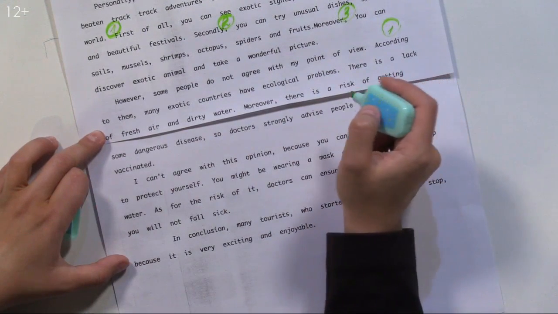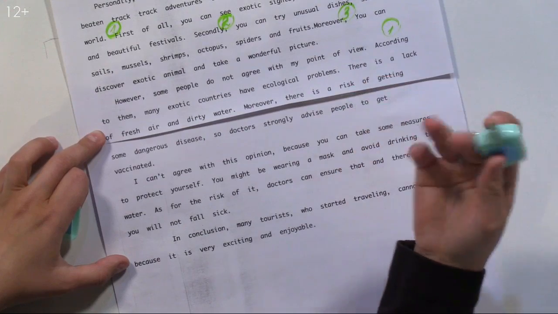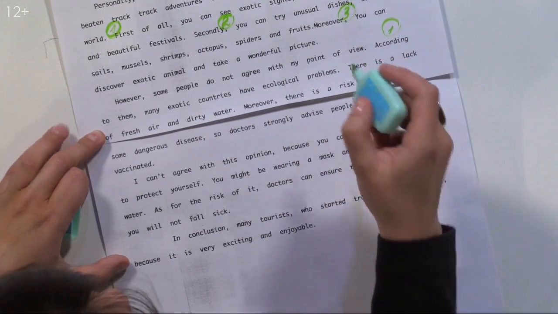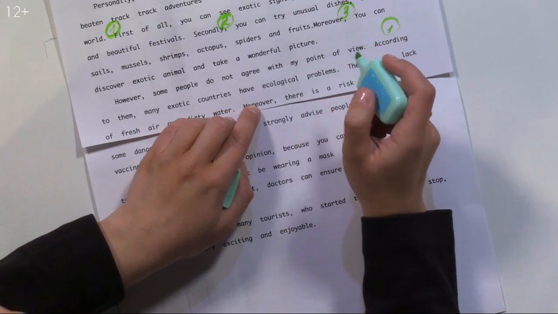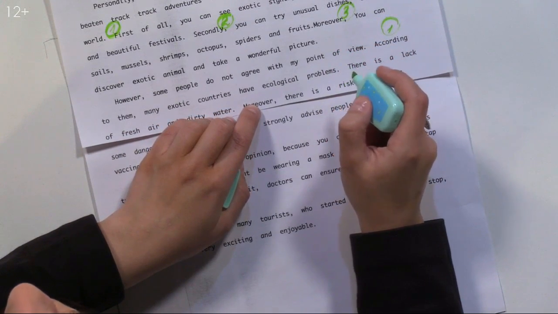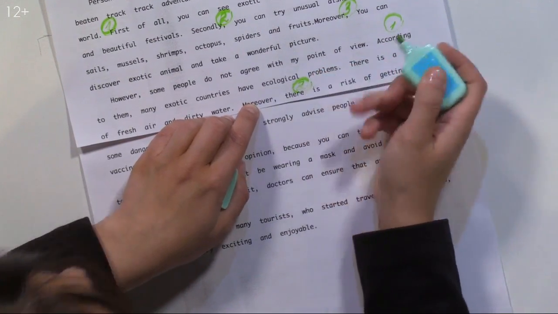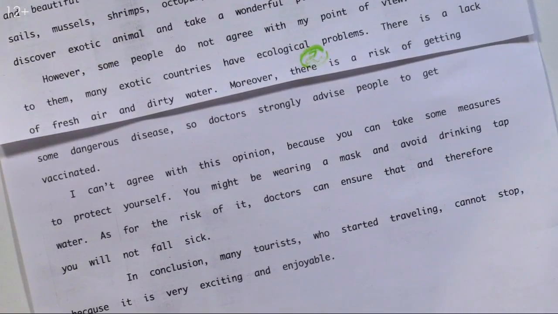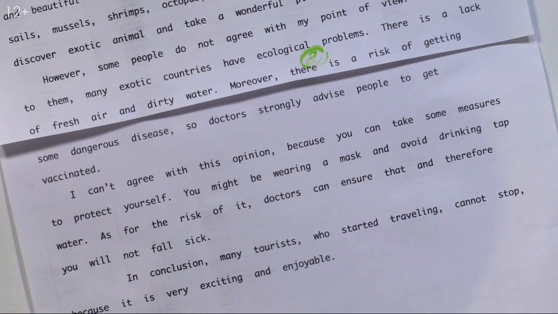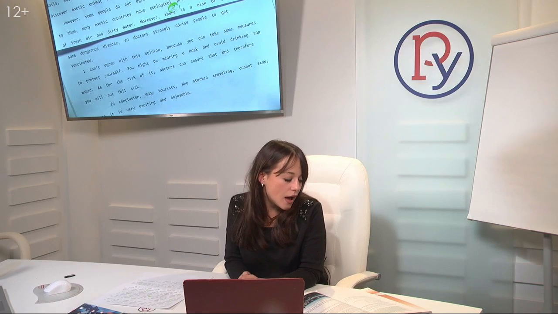Well, a possibility of getting dangerous disease is another thing which might make us not want to go to exotic countries, and so probably we can count them as 2 reasons why some people believe that going to exotic countries is not a very appealing idea. Let's see if our student is able to refute these 2 counter arguments.